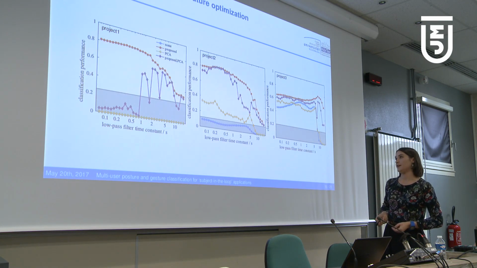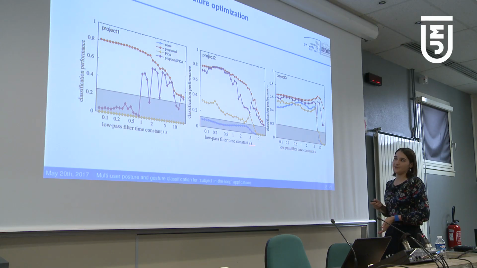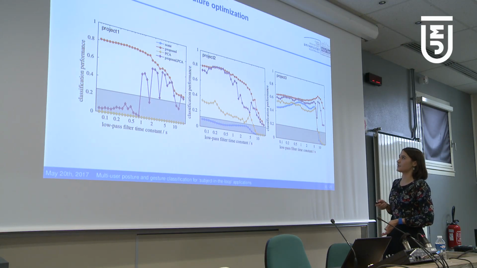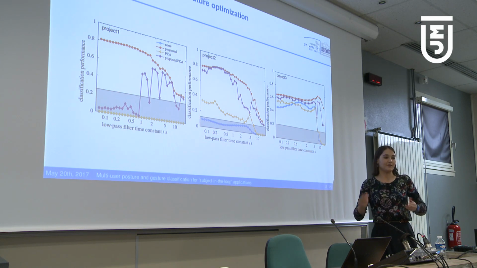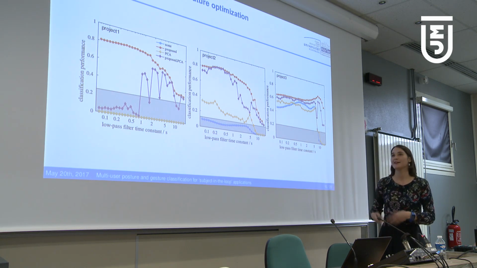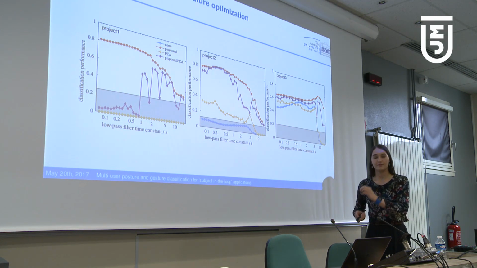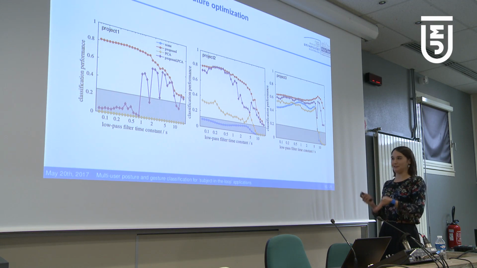Yeah, I think it's already quite late, so I won't go into the details. But the main thing is that without this whole pre-processing, the classification performance is, at least for two projects, at chance level. So it basically doesn't work. So the selection of the features and also choosing the right filtering constant is crucial for this naive classifier.